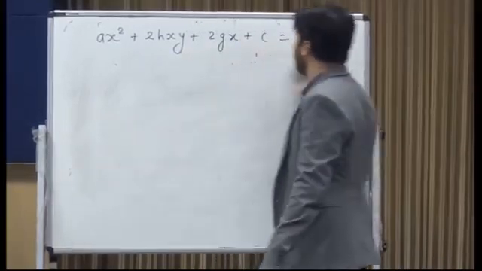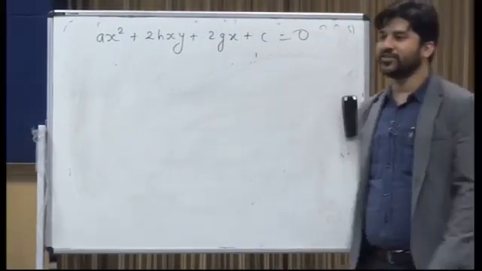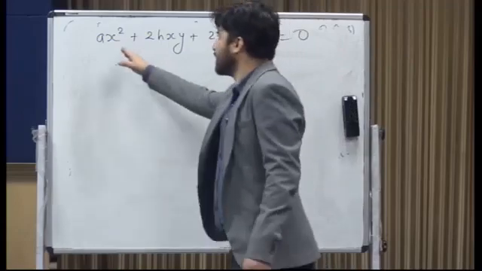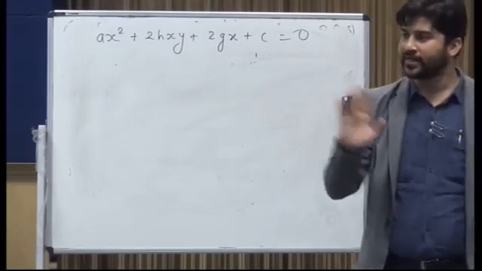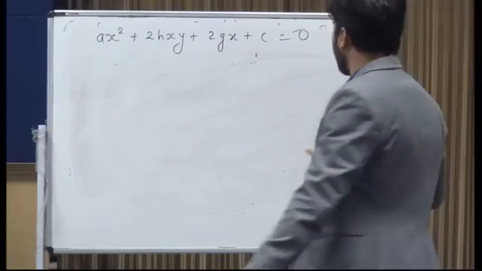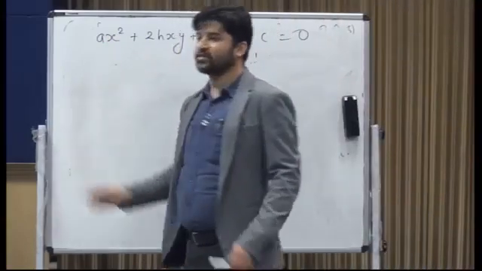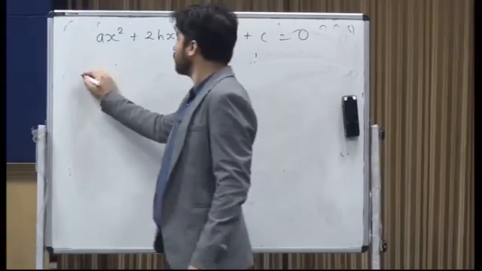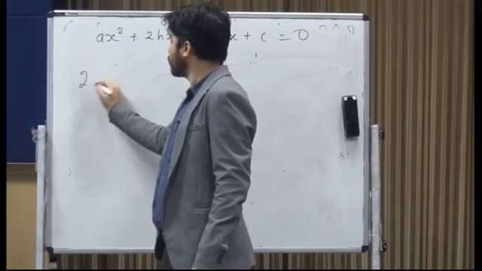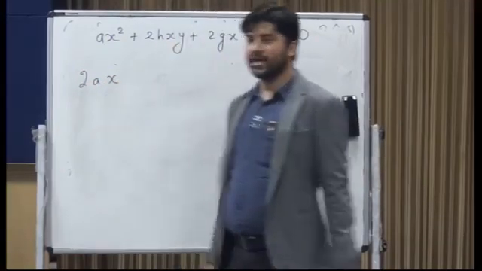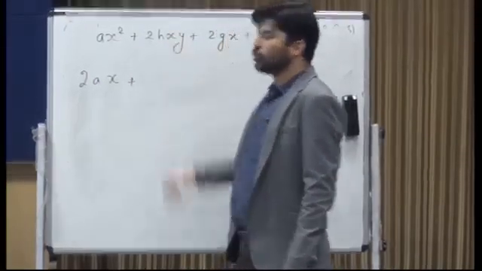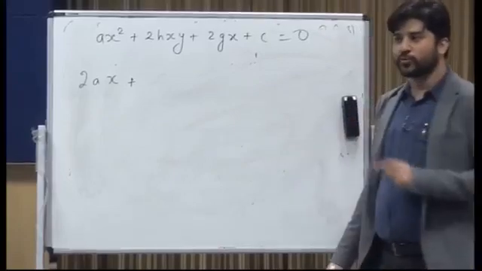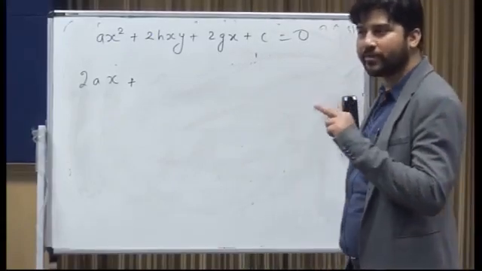ठीक है, ओके। Now let's differentiate it. अच्छा, इसमें कितने वेरिएबल्स हैं? x और बाकी सारे कांस्टेंट्स हैं, राइट? What is the differentiation of ax square? d by dx निकालना है, so 2ax, everybody agree with me? Okay, now 2hxy, we have to use the product rule because both variables are being multiplied.